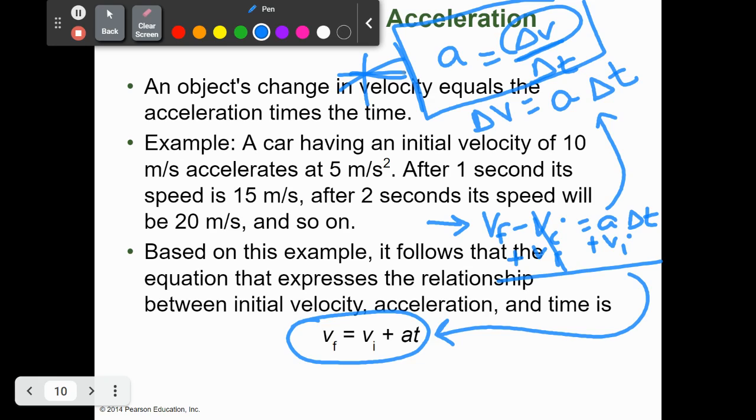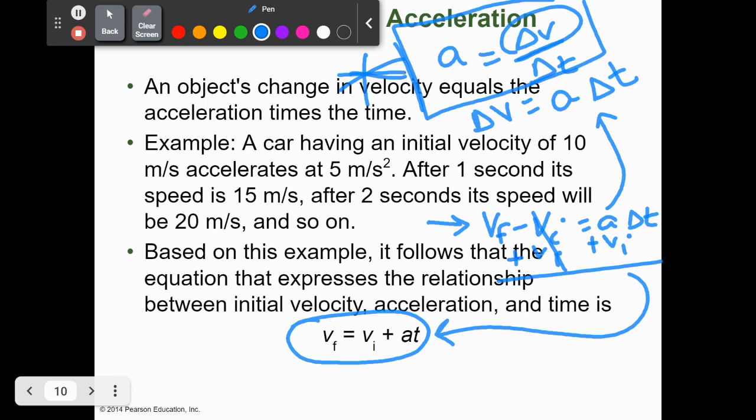Okay, so if you want to memorize all the equations, okay. If you want to derive them, that's okay too. But to me, it'd be easier just to memorize them. But whatever works for you, however your brain works and remembers things is fine. But this is where this equation comes from.